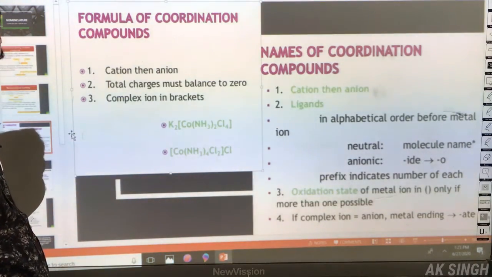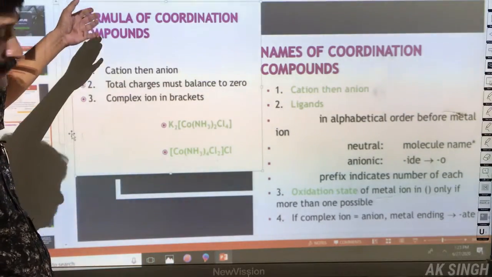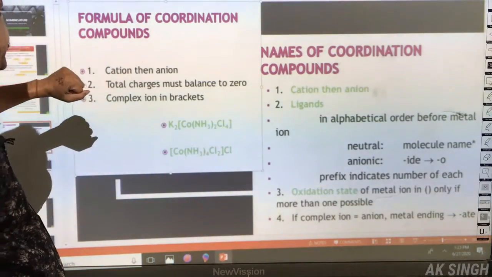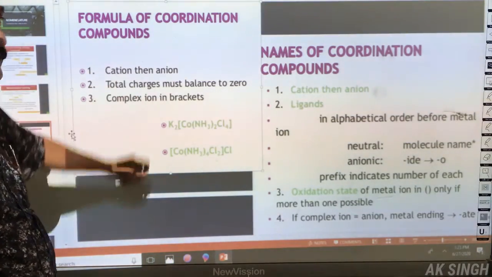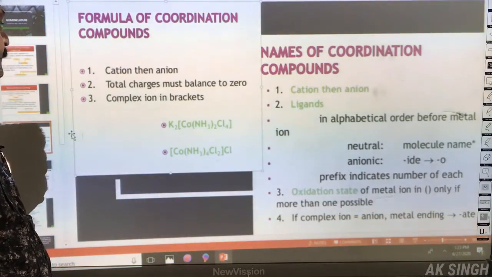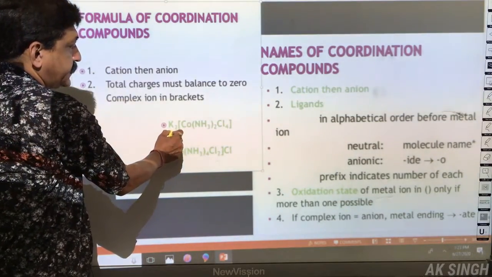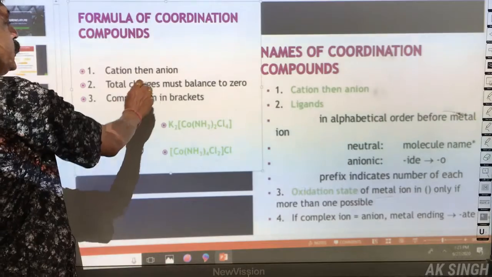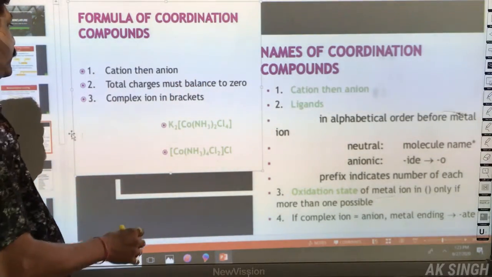See the picture, these are the rules for how to nomenclate the coordination compound. First of all, cations are written first then anions. In this case, it is to be mentioned first then this part. Total charges must be balanced to 0.